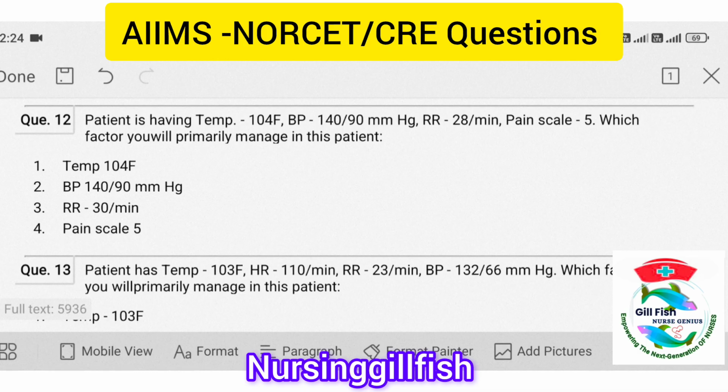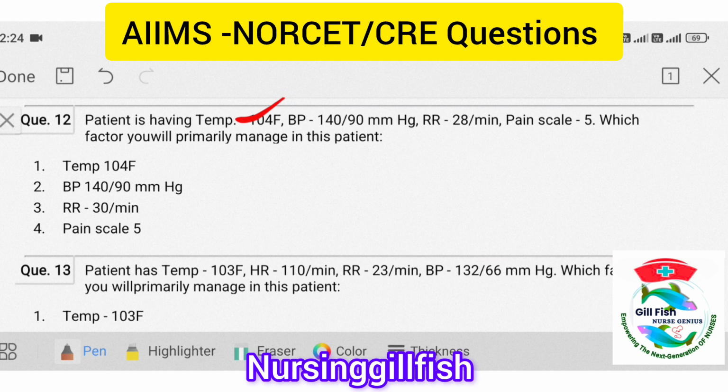Option 1 temperature 104 degrees Fahrenheit, option 2 BP 140 per 90 mmHg, option 3 respiratory rate 30 per minute, and option 4 pain scale 5. What priority do you have to give?